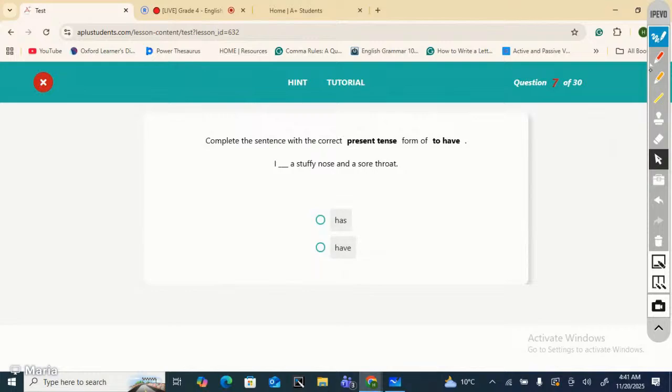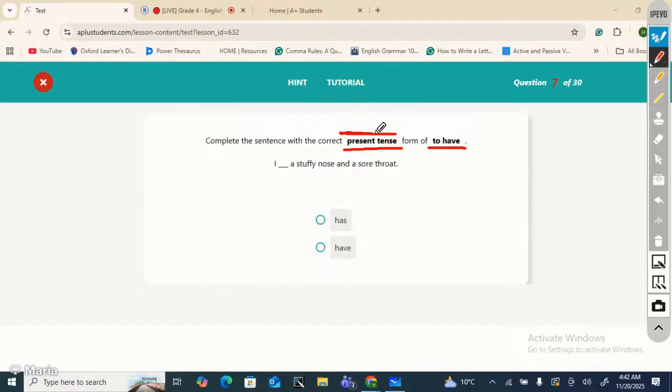Complete the sentence with the correct present tense form of the verb to have. I blank a stuffy nose and a sore throat. Has or have.